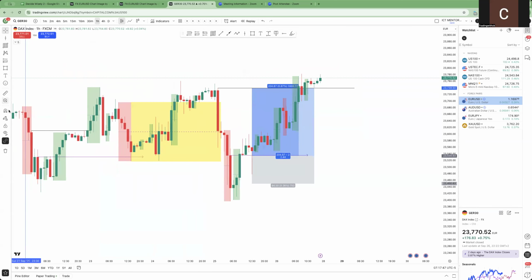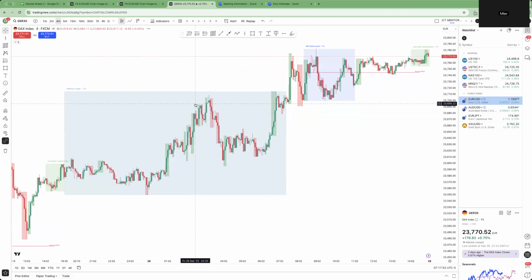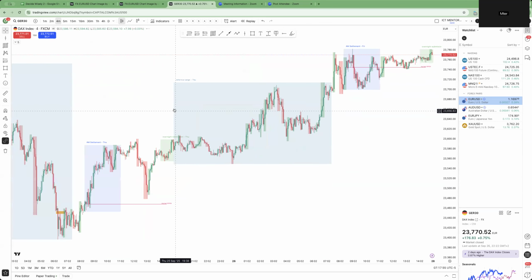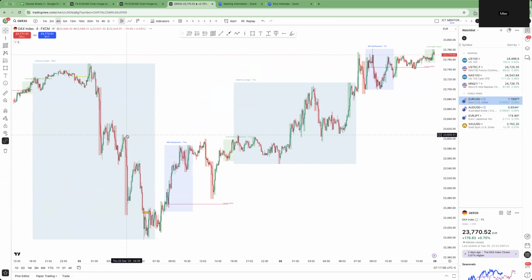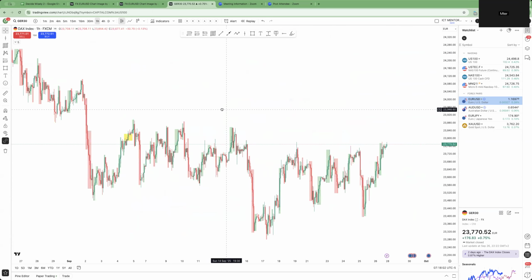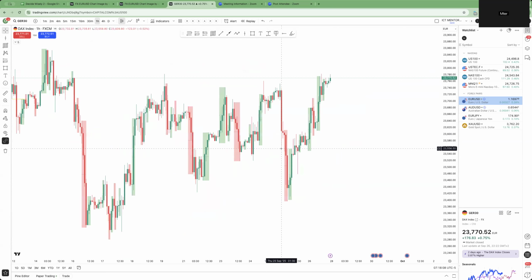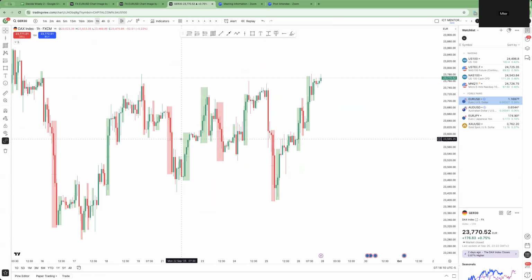Okay, fair enough. Also because I'm on the 1 hour, I think that's the advantage that I have. Because if you go down to the 4 minutes or something, then it becomes difficult. Then maybe you have to use a specific range, maybe you have to use other stuff. But I'm on the 1 hour, there's not so many things moving at the same time. So it feels like I can see expansions that make sense.